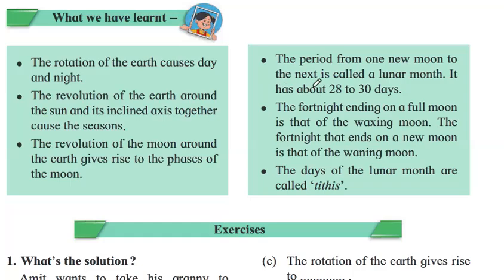It has about 28 to 30 days. The fortnight ending on a full moon is that of the waxing moon. The fortnight that ends on a new moon is that of the waning moon. The days of the lunar month are called tithis.